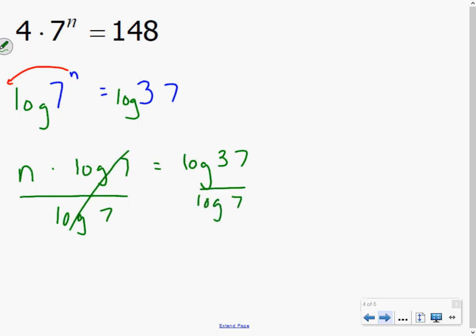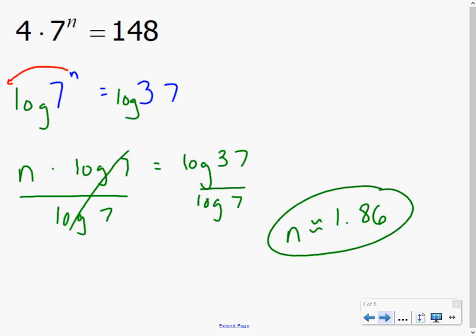Type in log of 37 divided by log of 7 in your calculator, and you get n is approximately 1.86. And again, we can test it. If I plug 1.86 in for n, it's going to get us pretty close to 148.